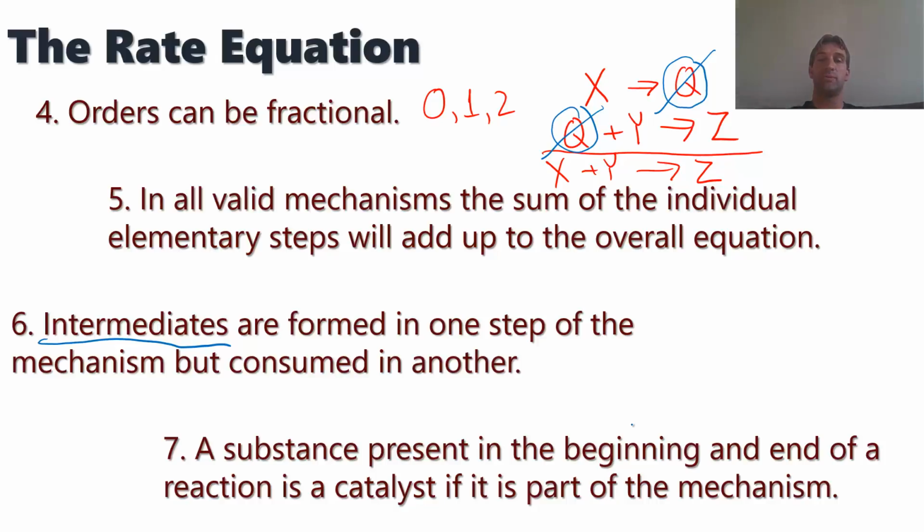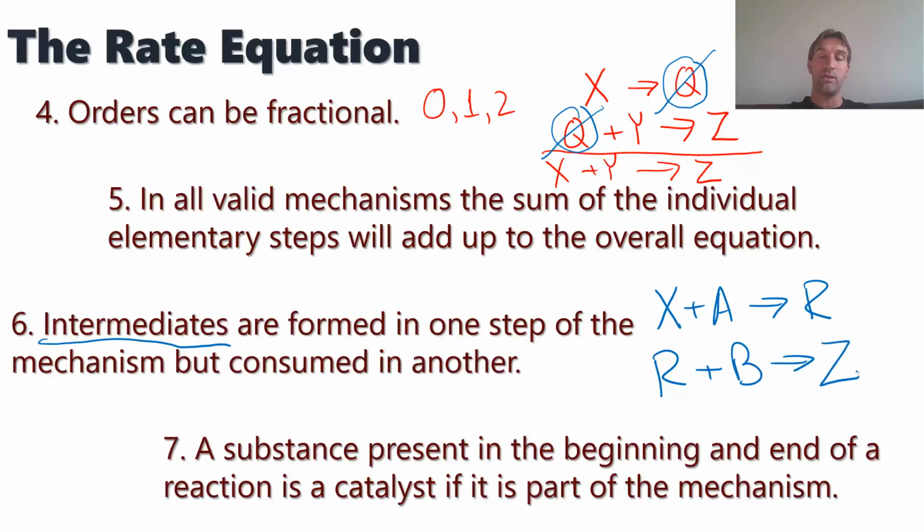is this. If, let's say we had X plus A makes R, then we have R plus B makes Z, and finally, if we had A plus B turns into X. Think about what's going on here.